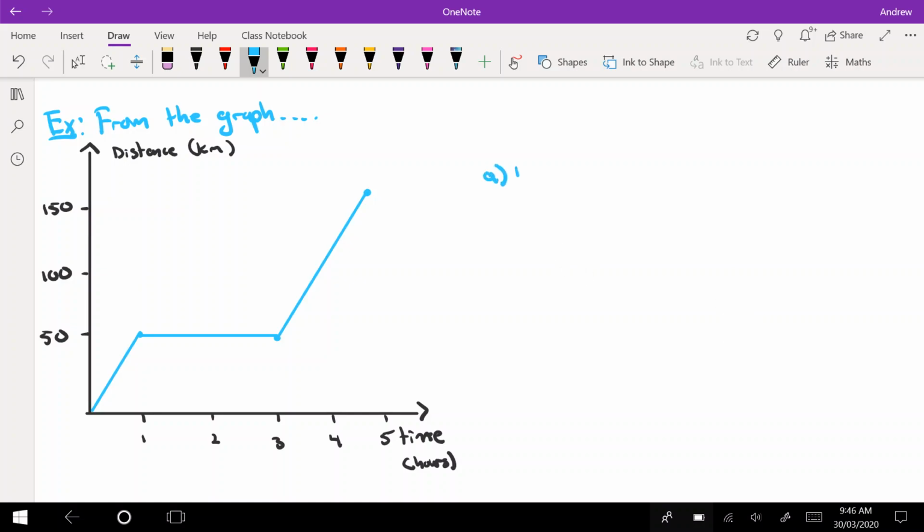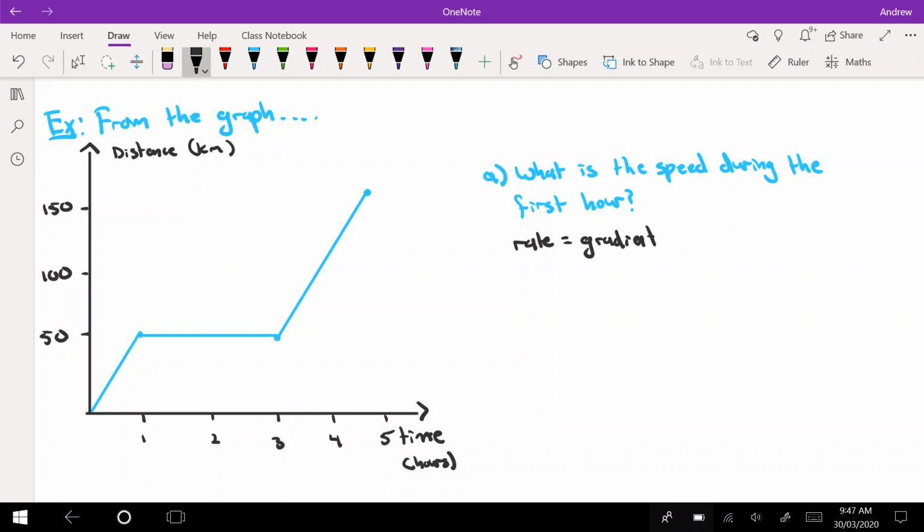So the first thing I want to know is, what is the speed during the first hour? Well, we know that that just means I need to try and find the rate. But if I'm trying to find the rate, I'm also just trying to find the gradient of the line. So the rate is equal to the gradient, which equals rise over run.